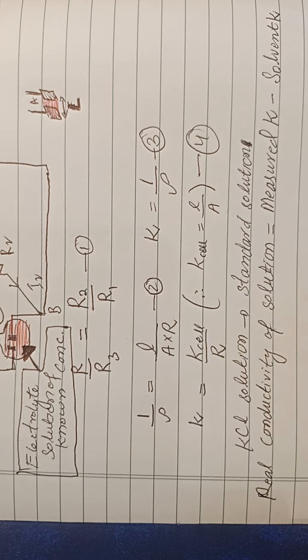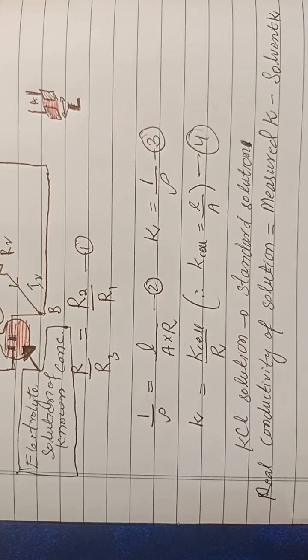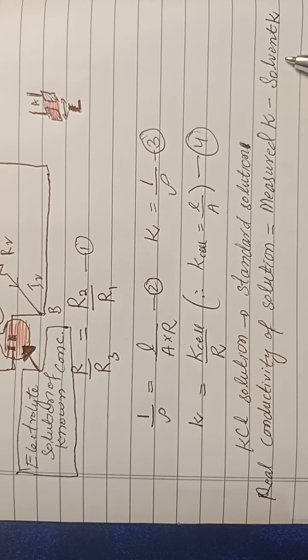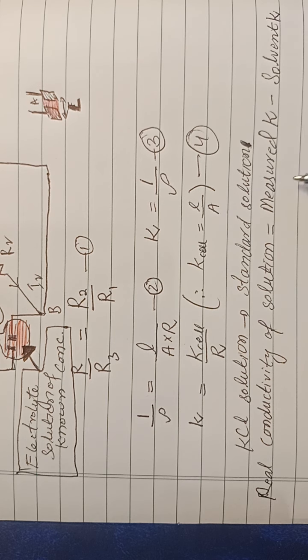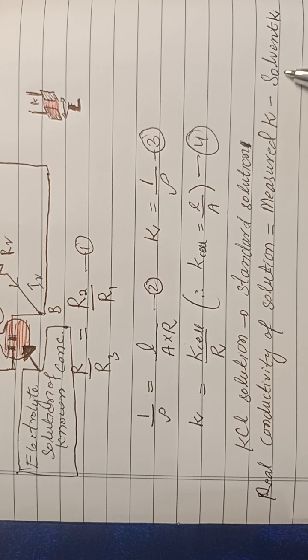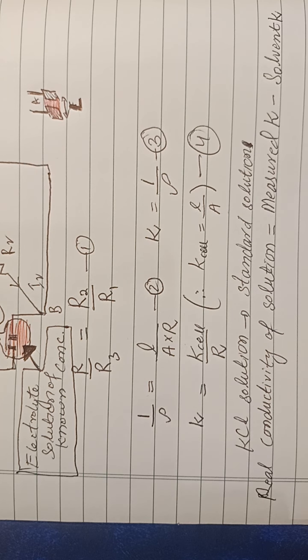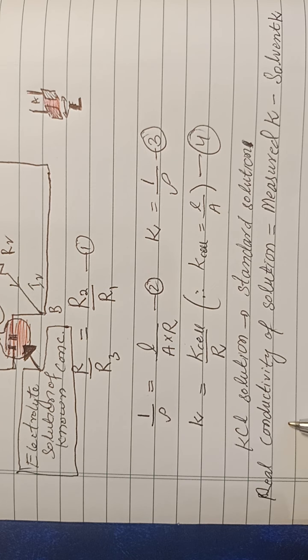Sometimes it's difficult to get high quality solvents, so we can measure the conductivity of the solvent separately, which is used for the preparation of the solution. The measured conductivity of the solution will be subtracted by that of the solvent conductivity, so we can get the real conductivity of the solution.